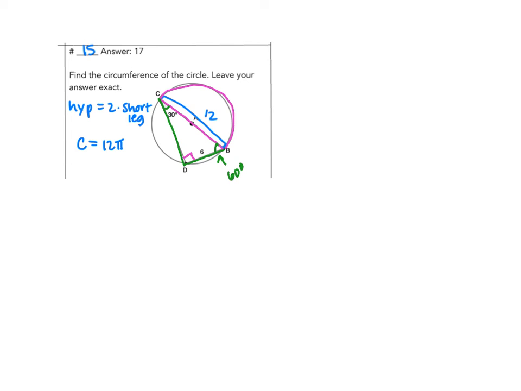And there's a rule that says that when you have a 30, 60, 90 triangle, the hypotenuse is always twice the shorter leg. And so that's how he knew to double the 6 and get the 12. Now he has the diameter, and we know that the circumference of a circle is just the diameter times pi. And since we know the diameter is 12, the circumference is 12 pi, and that's an exact answer.